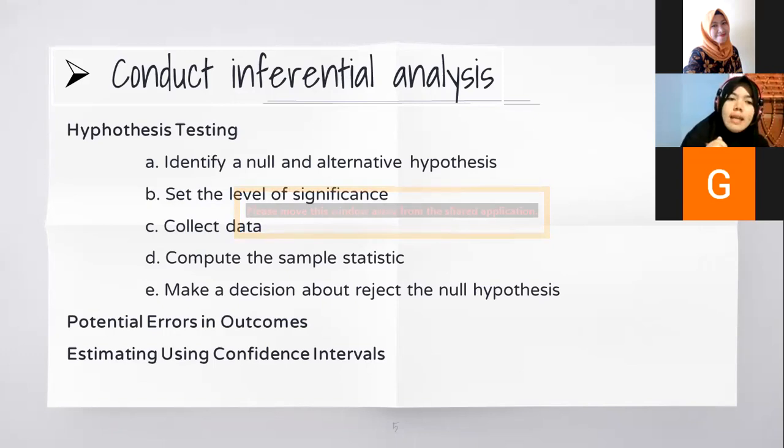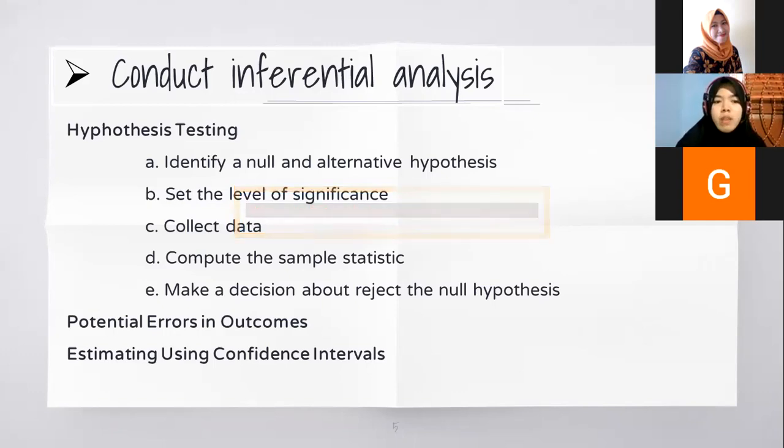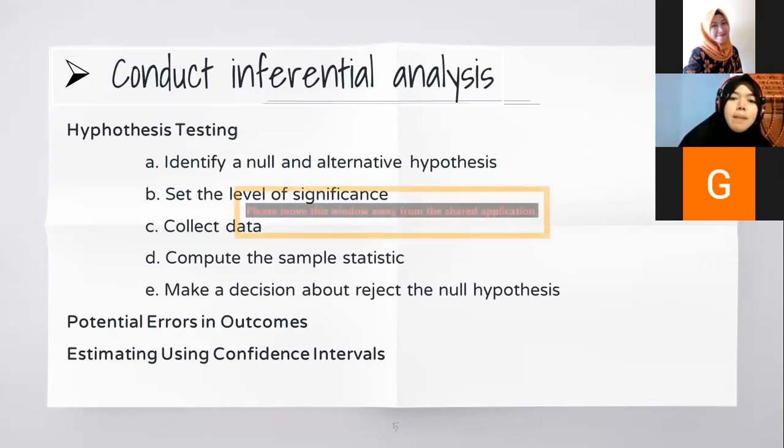After we as researchers identify our hypothesis, we should set the level of significance. It will help us to reject the null hypothesis in our research. After that, we collect the data, we code all the data, and input it into the computer, and it will help us do the next step, which is to compute the sample statistic.